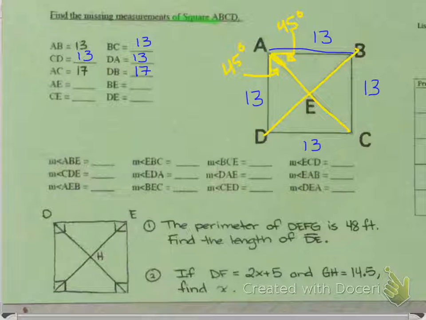Diagonals bisect each other. So if the whole thing is 17, to find each part of it I'm going to take 17 and divide it by 2. When I do that, I get 8.5. So all of those parts of the diagonal are the same: 8.5.